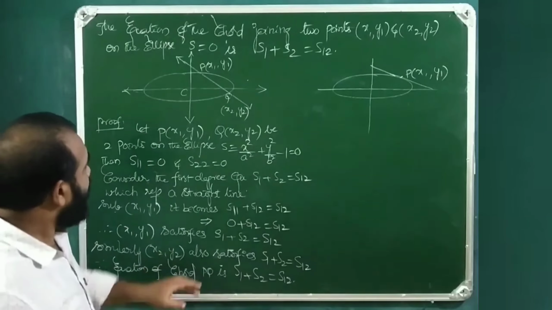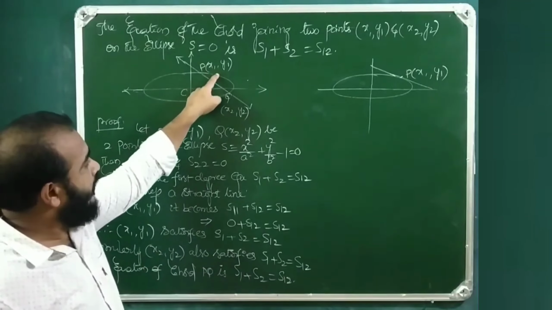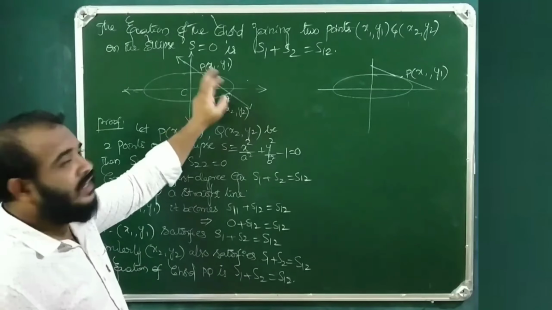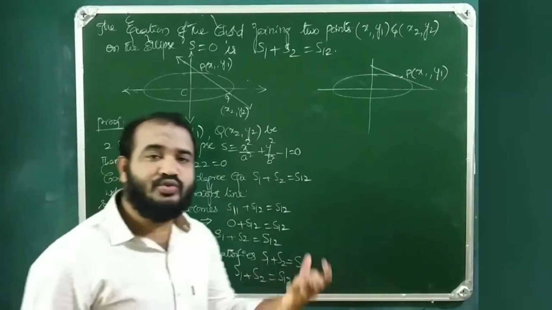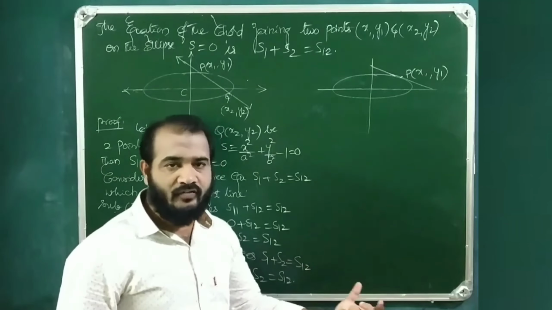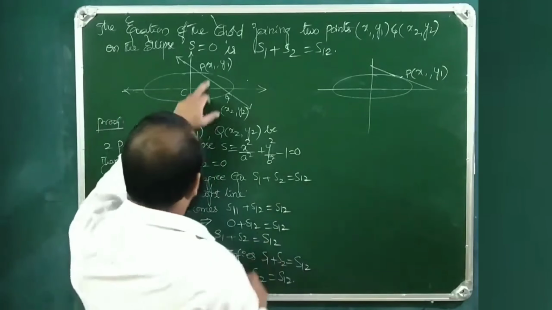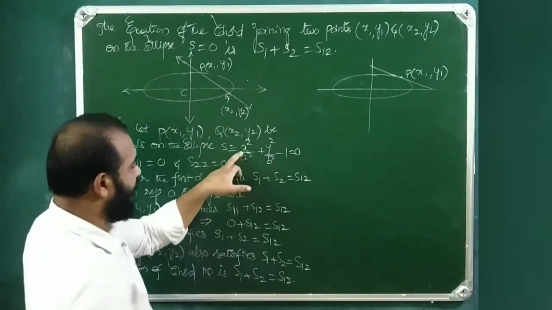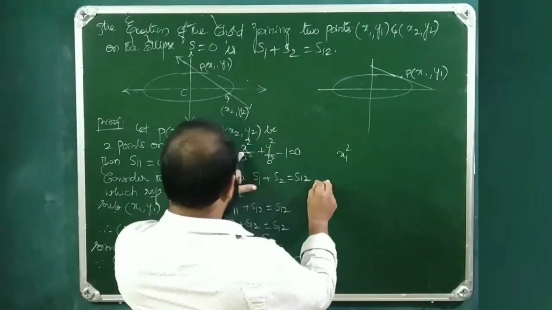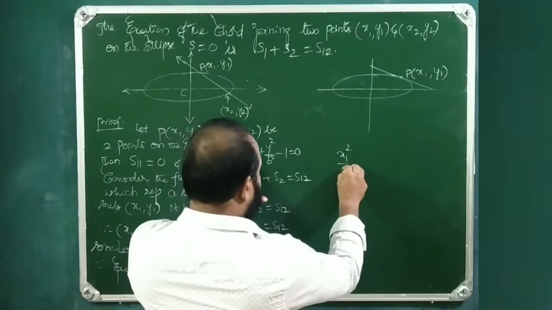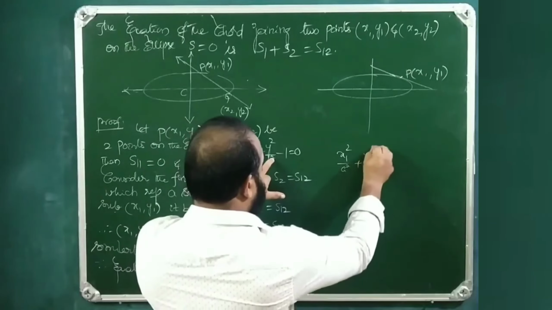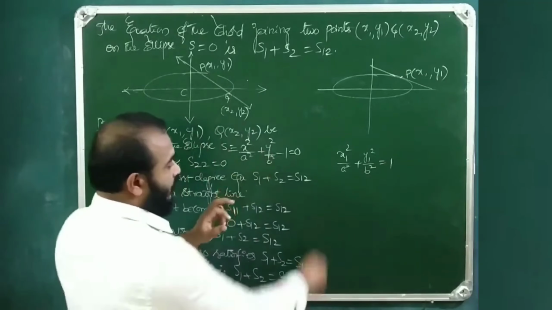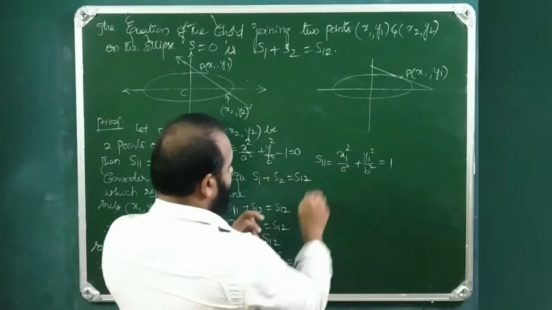For this, since x1, y1 is a point that lies on the ellipse, so whenever a point lies on the ellipse, the point has to satisfy the ellipse equation. So substitute x1, y1 in this ellipse, then we will be getting x1 square by a square plus y1 square by b square is equals to 1. What is this? S11.